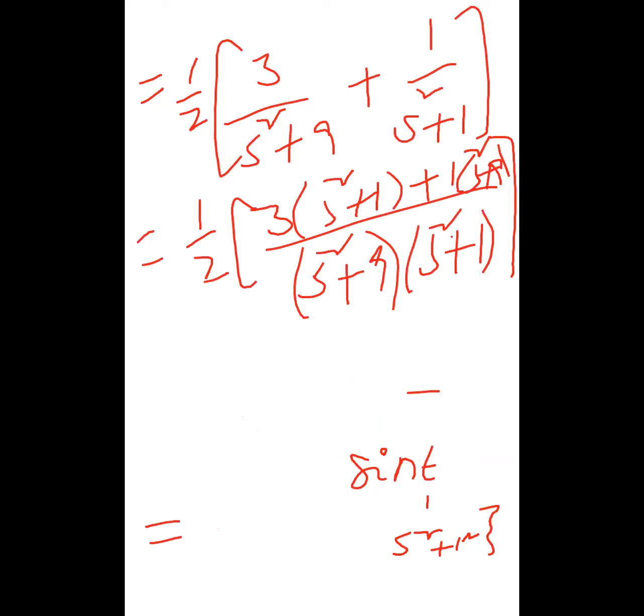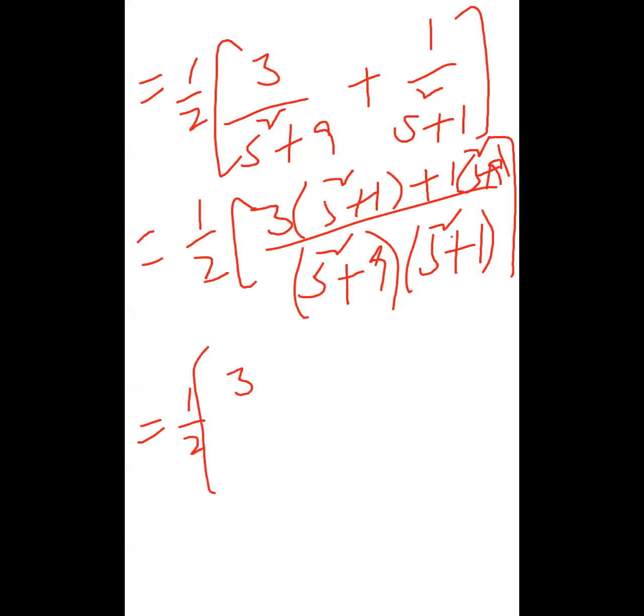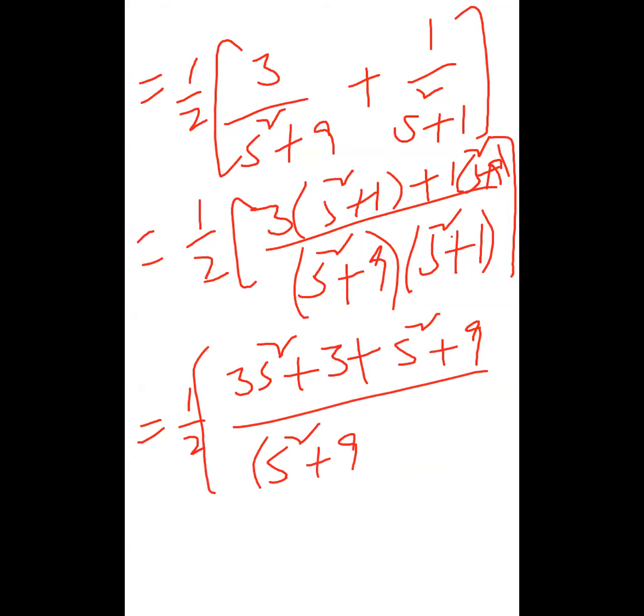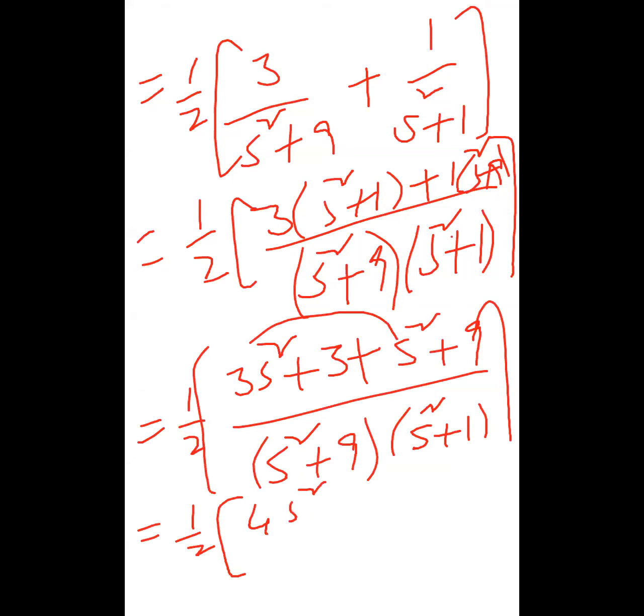Multiplying 3 into S square plus 1, that is 1 by 2 into 3S square plus 3 into 1, 3, plus 1 into S square plus 1 into 9, 9, over the denominator S square plus 9 into S square plus 1. Now the numerator is 3S square plus S square, 4S square, plus 3 plus 9, 12, over the denominator S square plus 9 into S square plus 1.